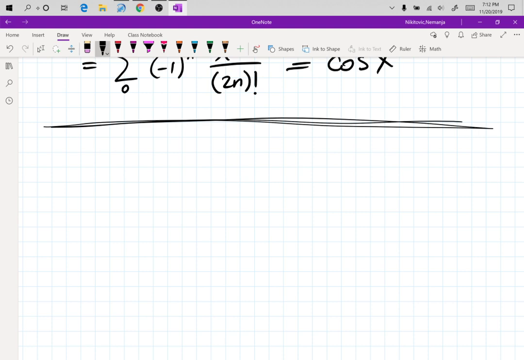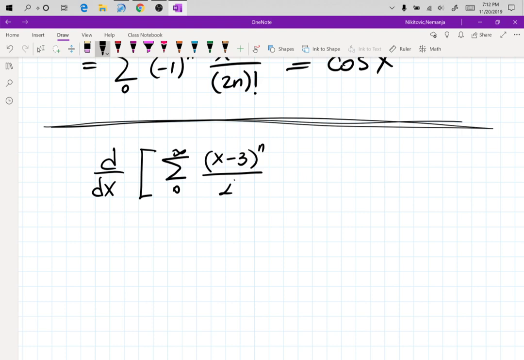So let's say you have the derivative of summation 0 to infinity of, I don't know, x minus 3 to the n divided by 2 to the n.